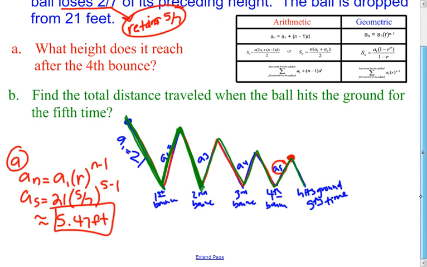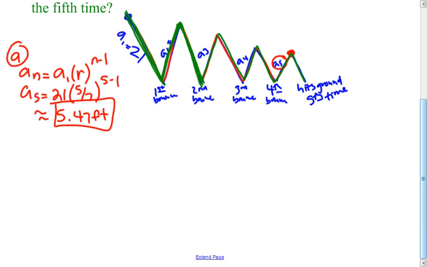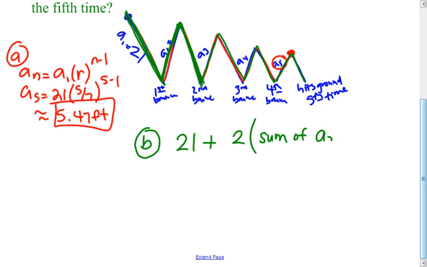So to figure out part B, this is a little tricky. To figure out part B, you're actually going to take 21 plus 2 times the sum of A2 to A5.